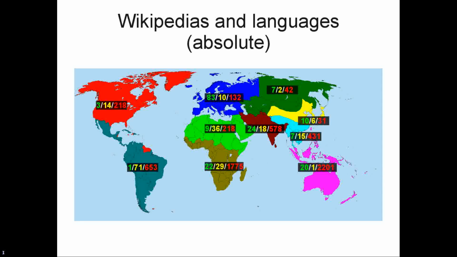We can also see that there are 3 areas in the world where those yellow numbers are very large: the Afroasiatic area, Sub-Saharan Africa, and especially South America, or actually Latin America.